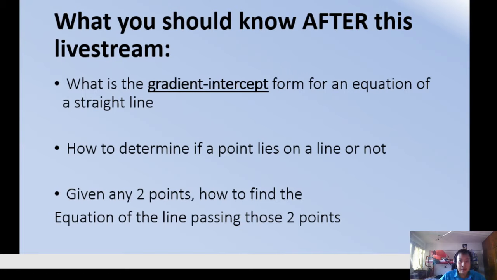And lastly, you've known that if I give you 2 points, you can find either the distance between them or the gradient. The last one is something you should know by the end of this lesson, and it's new. I'll be going through this. Remember that you can type questions in the chat to ask me. So these are all the things you should know after I am done with my live stream.